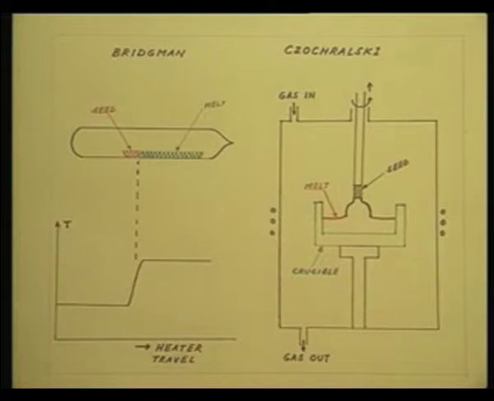Therefore, that end is going to solidify, and since this is in contact with the seed crystal, it will take the orientation of the seed crystal, and the solidification will take place as a single event, that is, I am going to realize a single crystal. So, as progressively the heater is moved in this direction, from this end, that is from the seed end, the melt is going to get solidified, and I am going to realize a single crystal.